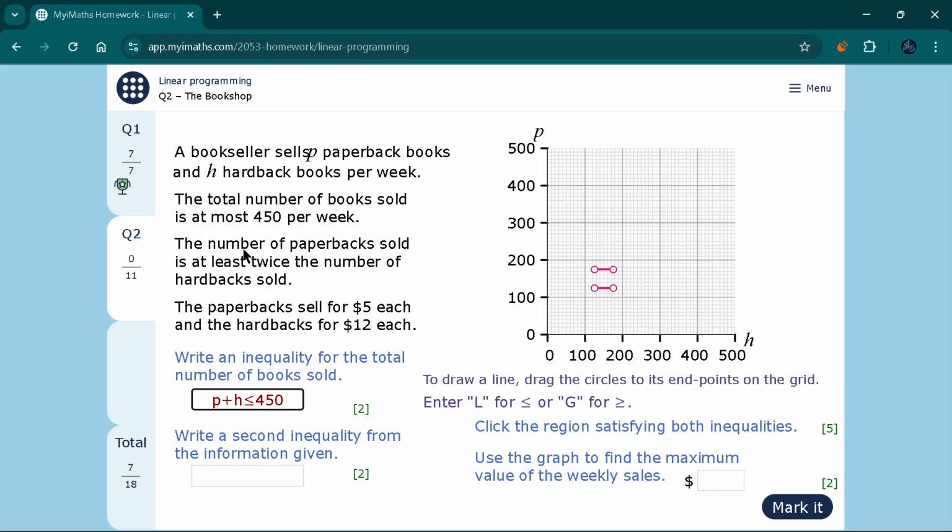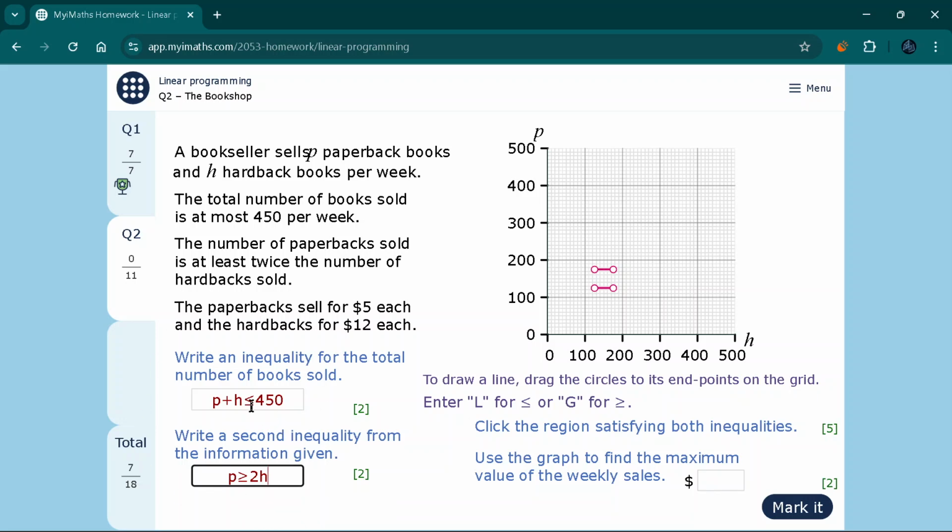The next piece of information, the number of paperbacks sold is at least twice as much as the hardbacks or more. So this time we put more than or equal.